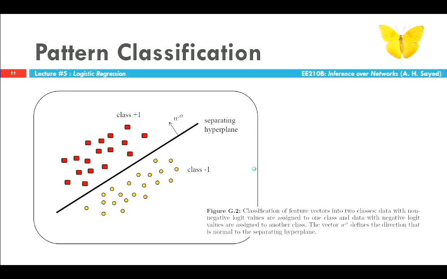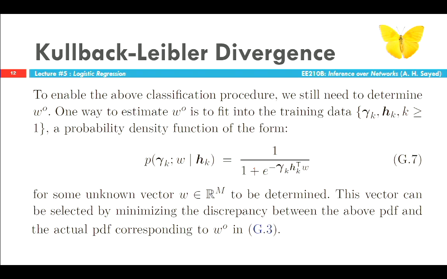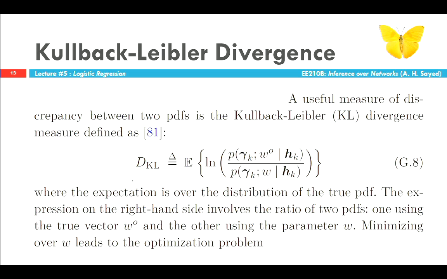Well, one way to find omega 0 is as follows. You are trying to fit a logistic regression model to your PDF. You are trying to fit a model of this form to your PDF. You don't know what the unknown PDF is, so you have some unknown PDF, and you are trying to fit a model to it.